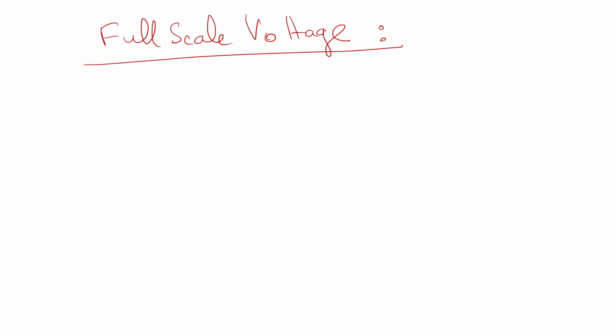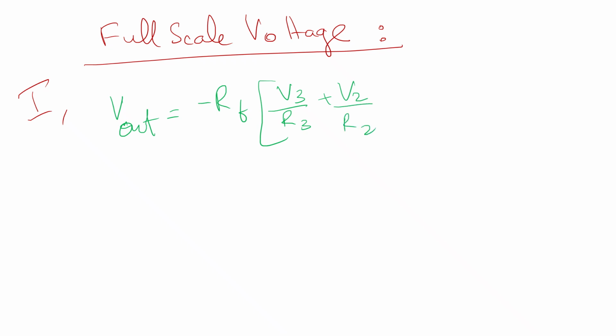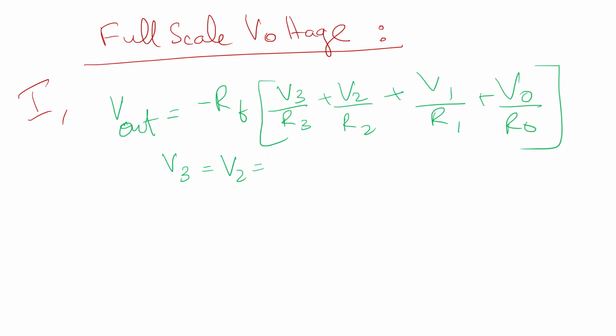So we have two methods for this. The first method: Vout is equal to minus RF into V3 by R3 plus V2 by R2 plus V1 by R1 plus V0 by R0, where V3 is equal to V2 is equal to V1 is equal to V0 is equal to plus 5 volts.